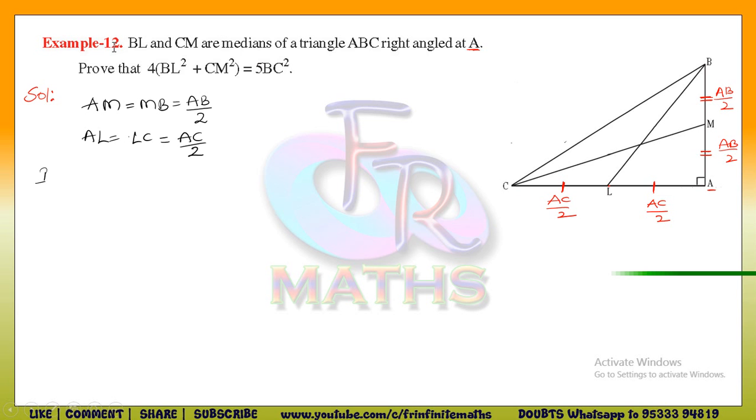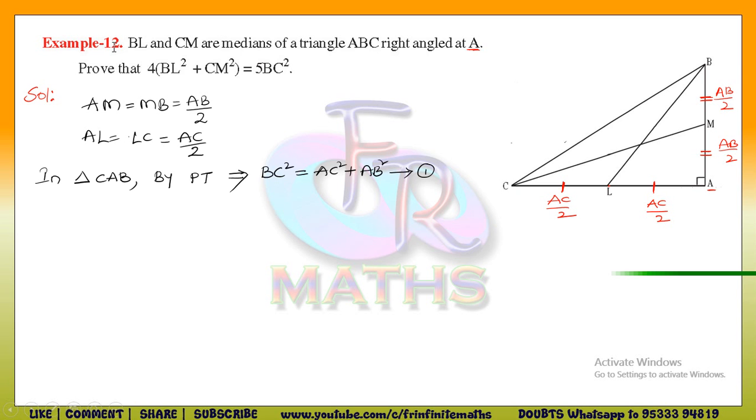So first of all we are going with the first triangle, the biggest triangle, triangle CAB. In triangle CAB, if I apply Pythagoras theorem, what I can say? BC square, this hypotenuse, can be written as AC square plus AB square. So let it be my equation number 1.